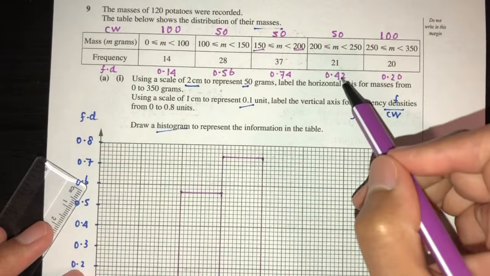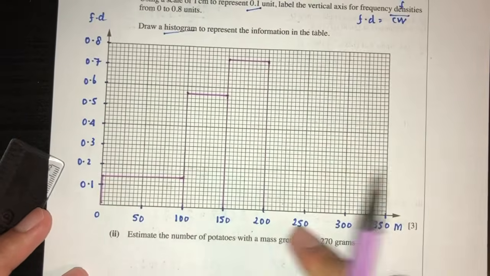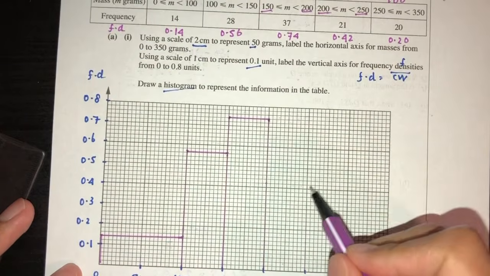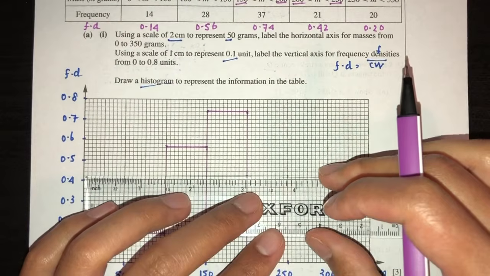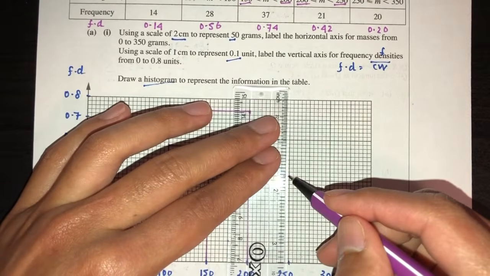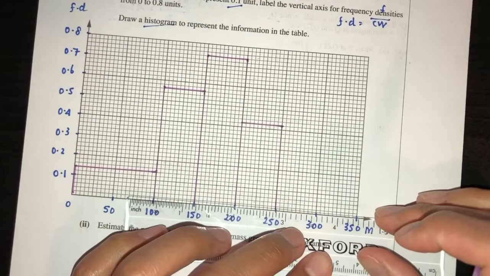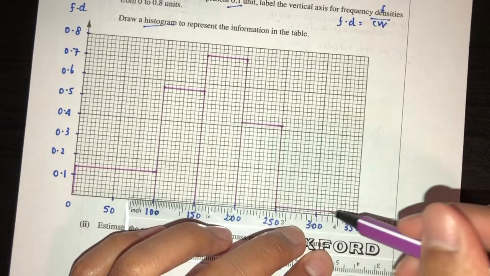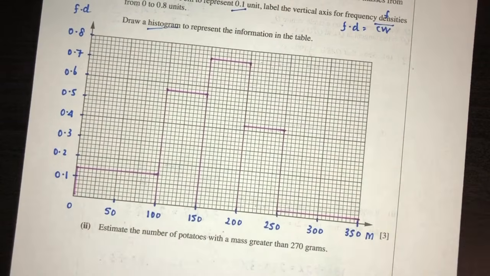And then we have 200 to 250 will be 0.42, right here. So let's join that. We're almost done. The last group will be from 250 to 350, and the value will be 0.2. 0.2 is at the bottom. That will be your histogram.